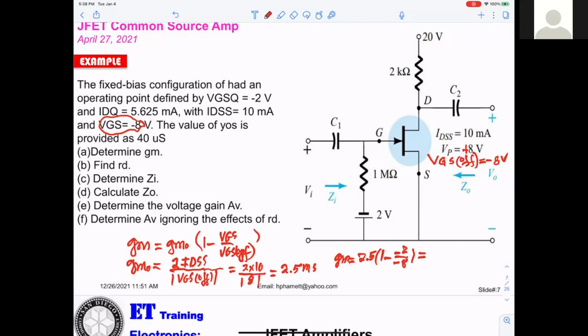So that's, is it 1.875? Correct. Millisiemens.